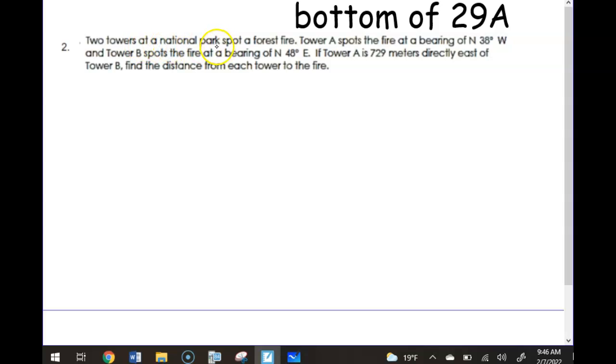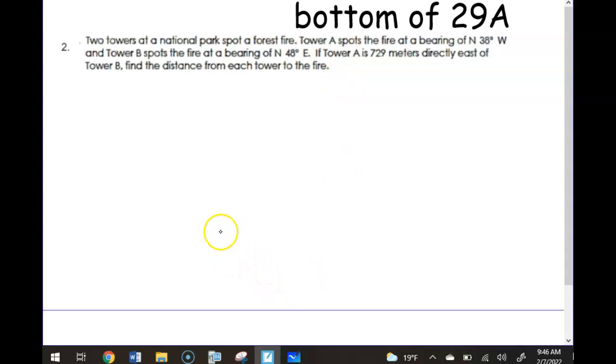2 towers at a national park spot a forest fire. Tower A spots a forest fire at a bearing of off of north 38 degrees towards the west, and Tower B spots the fire at a bearing of north 48 degrees east. If Tower A is 729 miles directly east of Tower B, then find the distance from each tower to the fire.